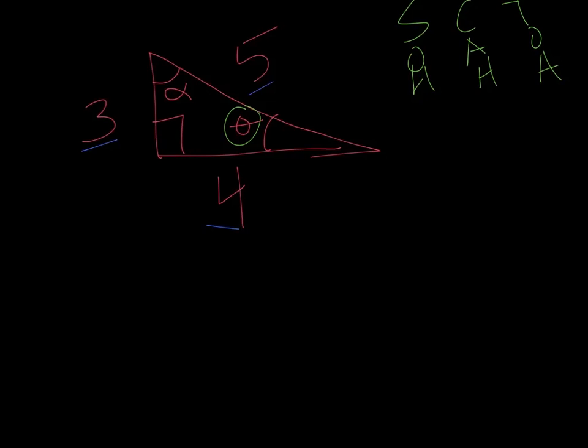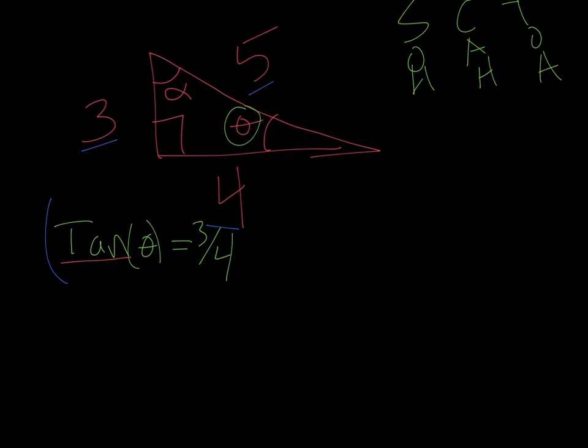So let's go ahead and run with that example. Let's say I use the 3 and the 4. So that would mean that tangent of theta has to equal my opposite, 3, divided by my adjacent, 4. Now, right here, I have to somehow find a way to get tangent off of this side, to get theta all by itself. There is a button on your calculator that allows you to do that. It's called tangent inverse.